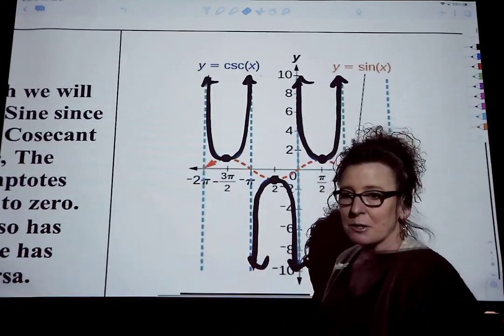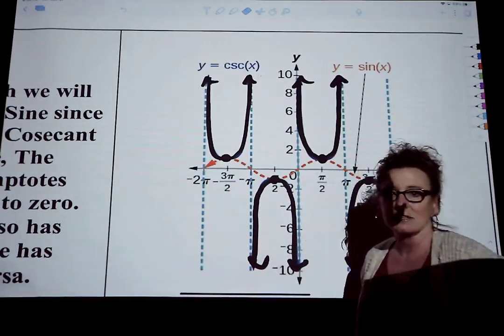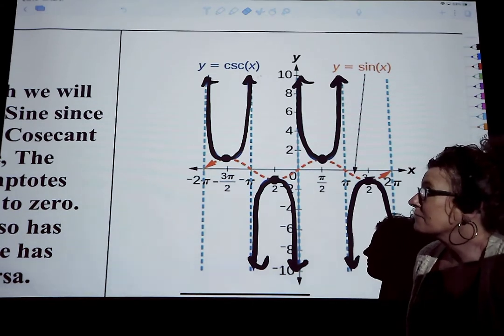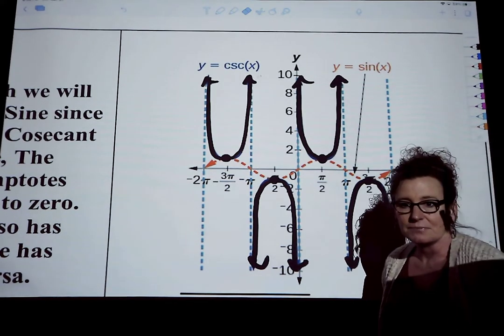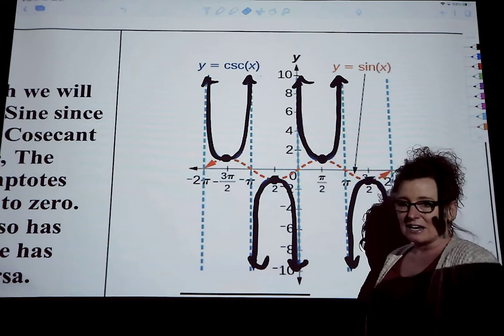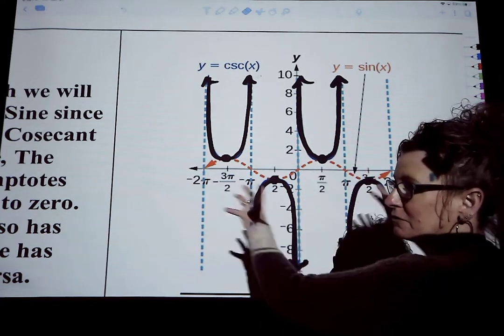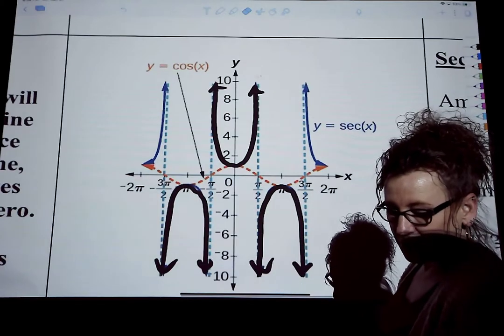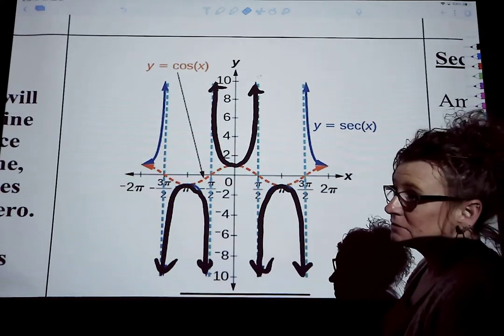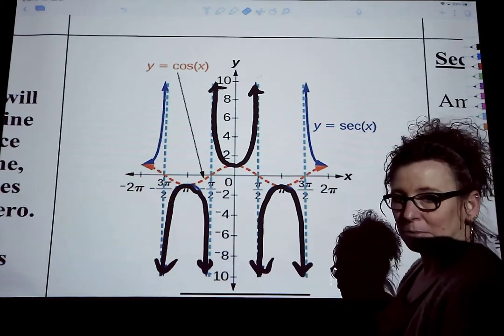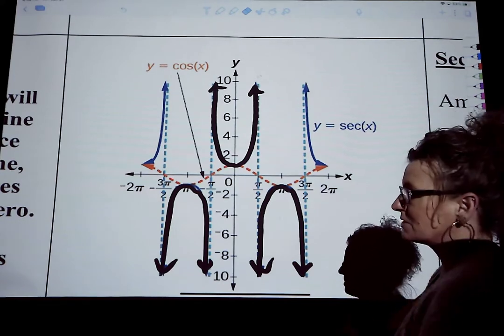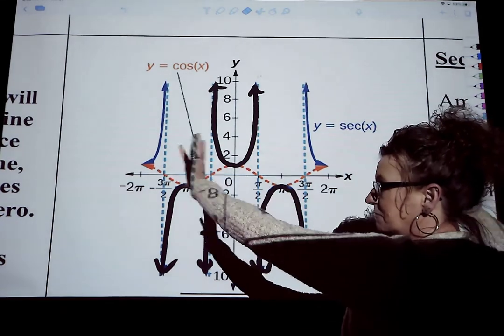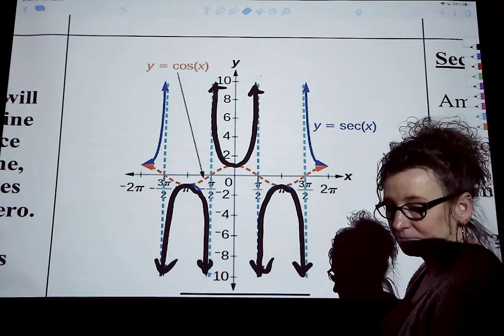So the black parabola looking things consist of the graph of cosecant. And just like sine, this pattern goes on forever in both directions. Here's the graph of secant. Again, a bunch of parabola-looking things, and just like cosine, this pattern goes on forever in both directions.